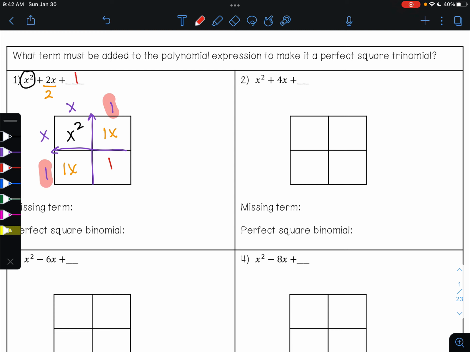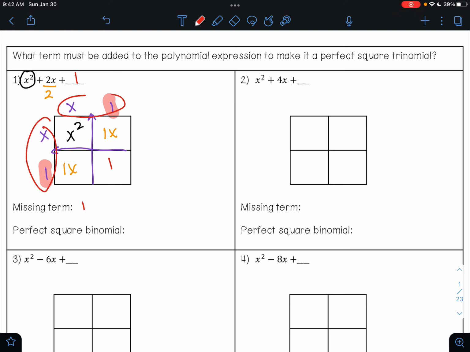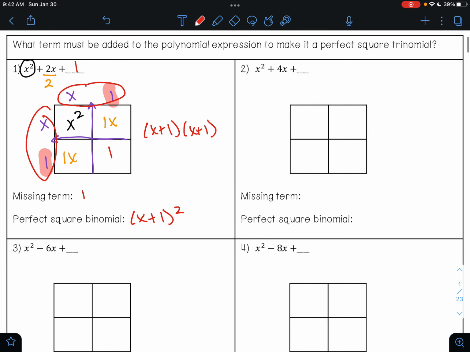So 1 is the missing number that completes the square. We just factored x squared plus 2x plus 1, and we got x plus 1 times x plus 1. We can rewrite that as x plus 1 squared. Go ahead and pause this video and try example 2 on your own.